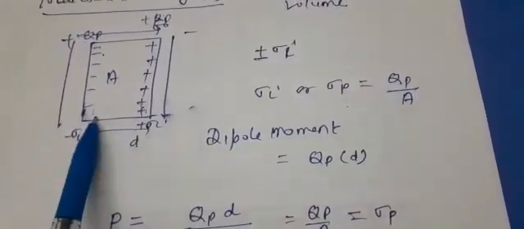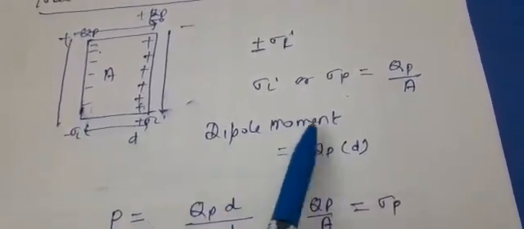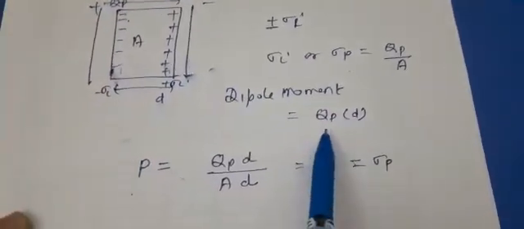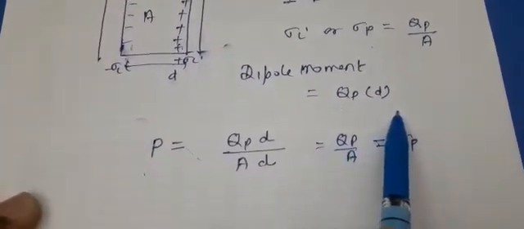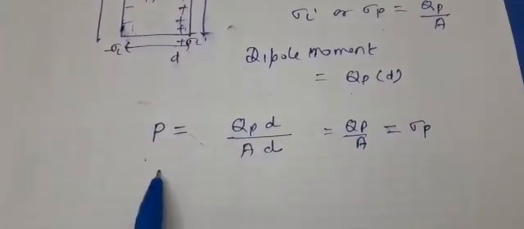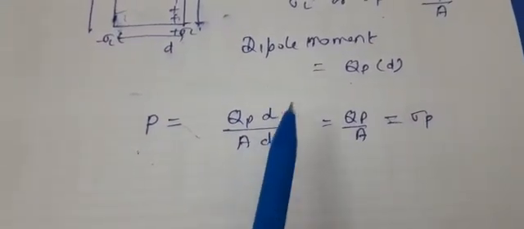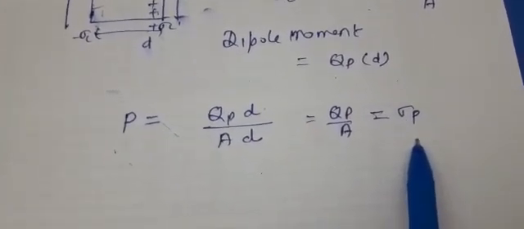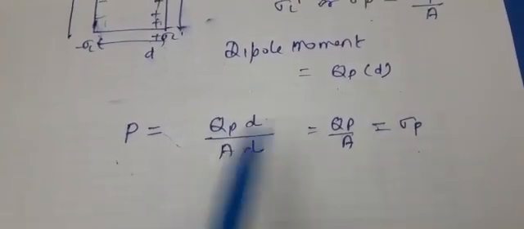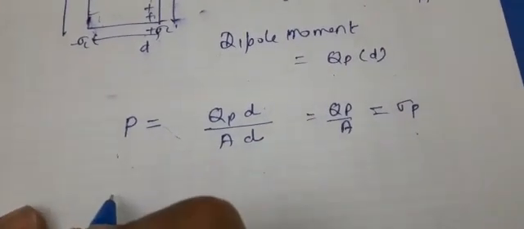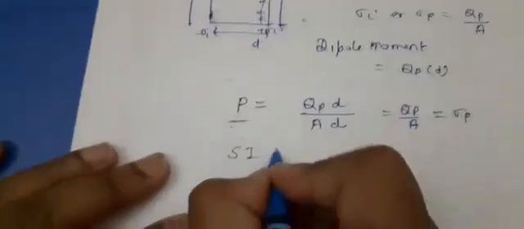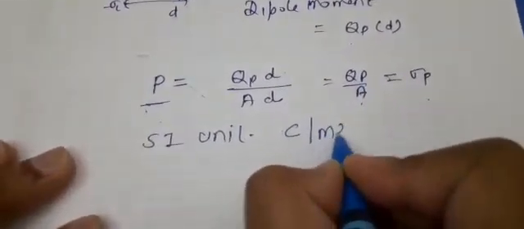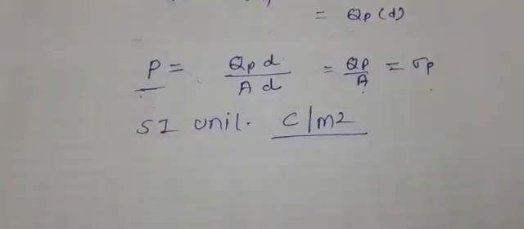As the charges are separated, there exists some dipole moment, because negative charge is on one side and positive charge on the other, so dipole moment will be charge multiplied by distance. Now as per the definition of polarization density, substituting dipole moment and volume, you get surface charge density. So what is the SI unit of polarization density? As it is charge per unit area, it is coulomb per meter square.